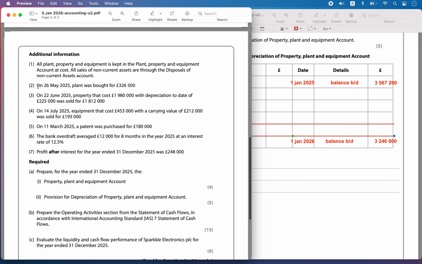Now other additional information is given here. On 26th May 2025, plant was bought, but there is no depreciation for this included. On 22nd June 2025, property with this cost, with the depreciation to the date of 225,000, was sold for 1812,000. So this has to be included as disposals. So let's include the disposals.